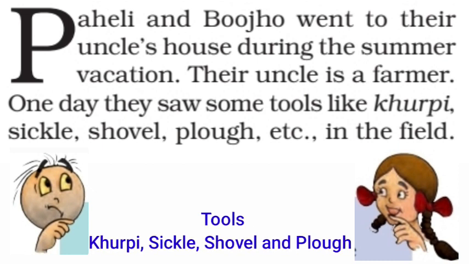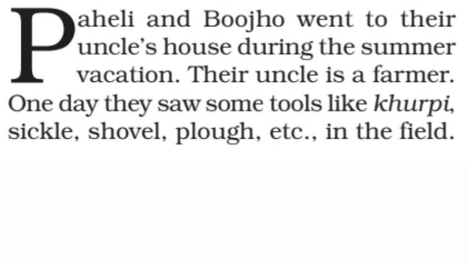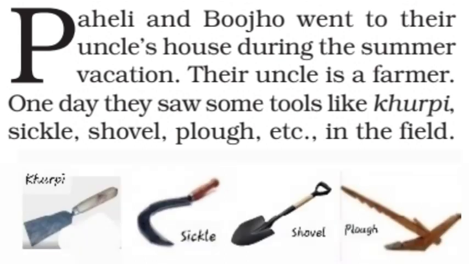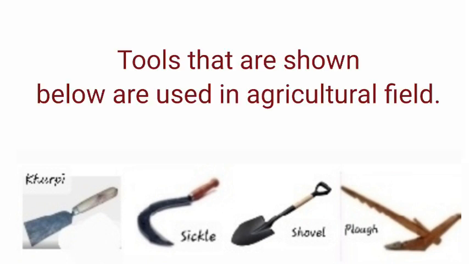in the field. As per the information given here, the uncle of these two children is a farmer. We know what a farmer uses to harvest the crops in his field. Four tools are mentioned here. Let us see the pictures of those four tools: kurpi, sickle, shovel, plow.